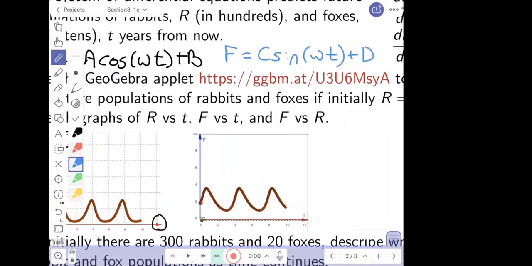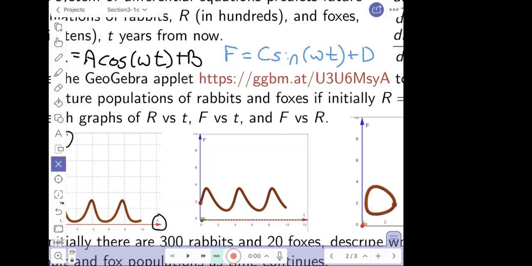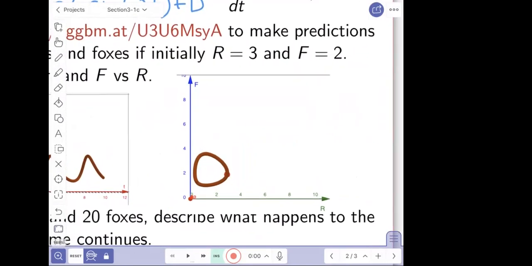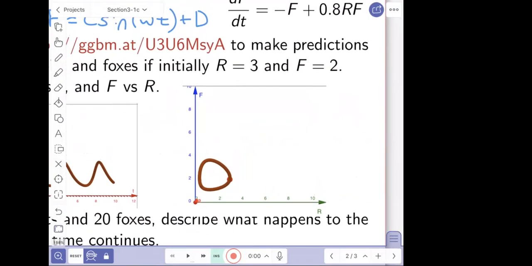But ultimately, what we're interested in is how the rabbits and foxes are interacting with each other. And so for that, it would be really nice to look at the graph of just foxes and rabbits. And here we get a nice kind of oval pattern.